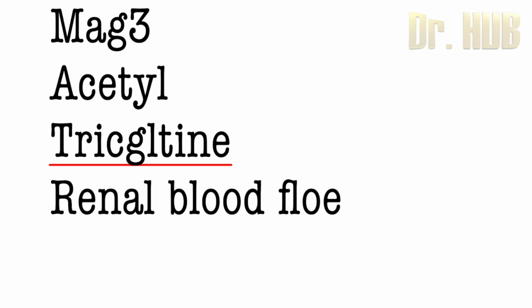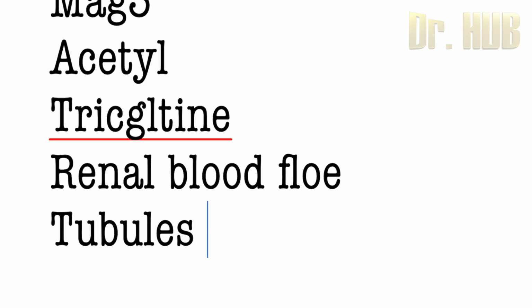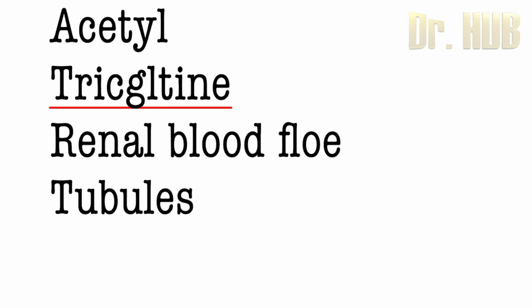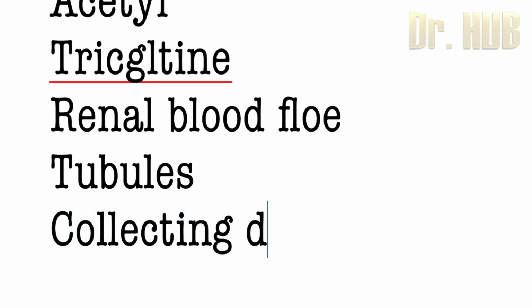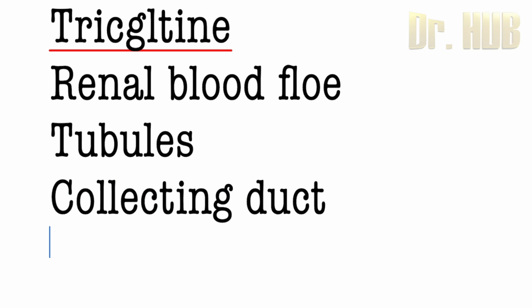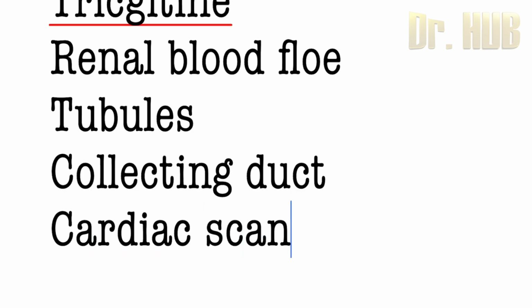On the other hand, Tc99m DTPA, diethylene triamine penta-acetic acid, was for the GFR, VUR and renal tract obstruction. Getting back to MAG3, it is for renal blood and plasma flow and assessing the function of the renal tubules, and also in case of the collecting ducts.